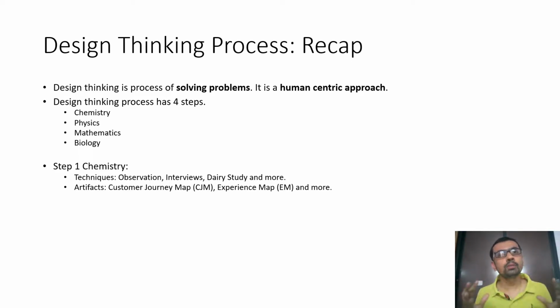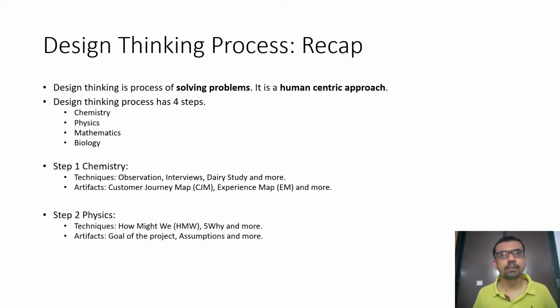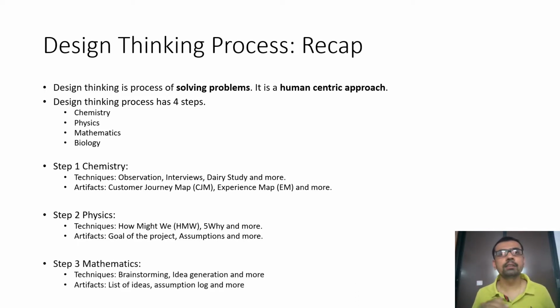Using those artifacts, we came to the second step, physics, where we used techniques like 5 whys and how might we to analyze the customer's problem and the customer journey map, and came up with artifacts like the goal of the project and assumptions or constraints. After that, we discussed step number 3, mathematics.